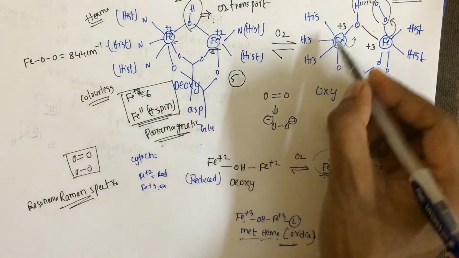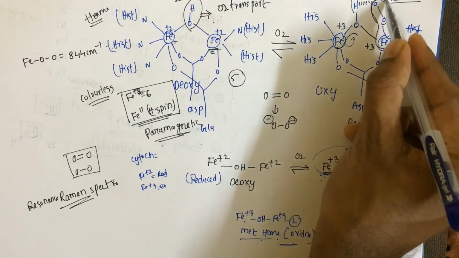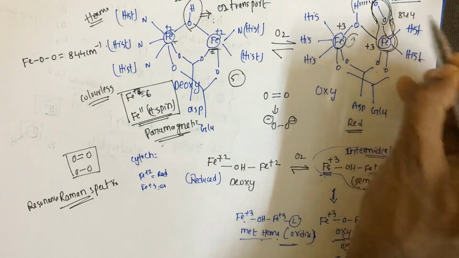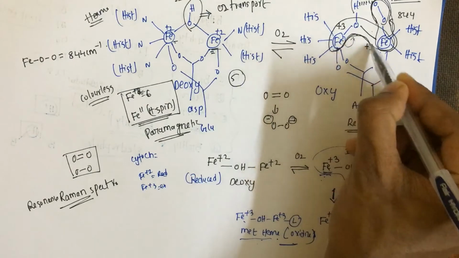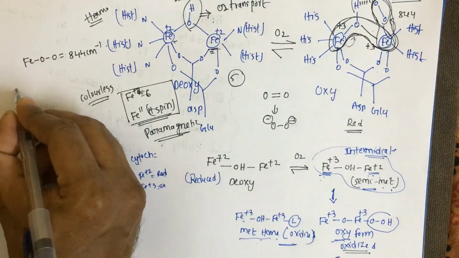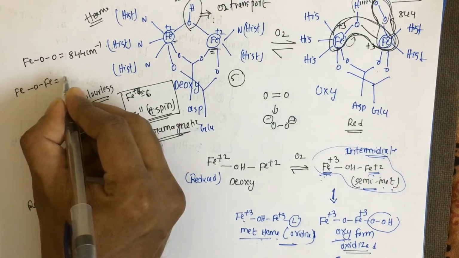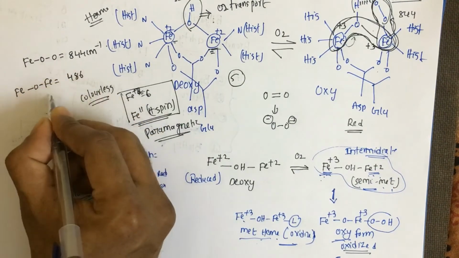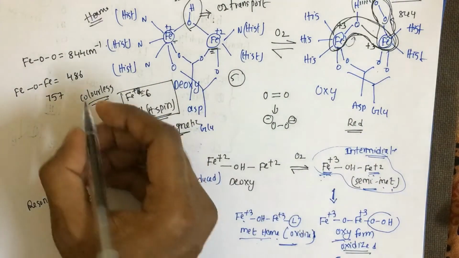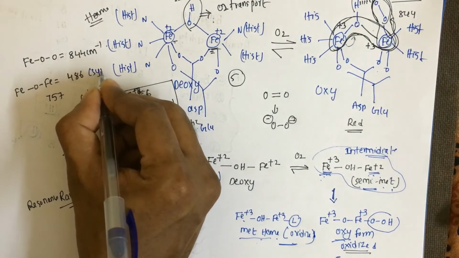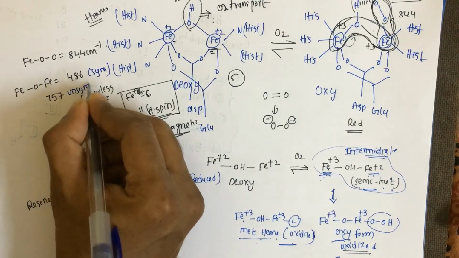Okay, this stretching frequency comes around 844 centimeter inverse. And one more stretching frequency, that is iron-oxygen, this one. It shows two stretching frequencies. One is at 486, another one is at 757. The 486 one is the symmetric stretching frequency, and 757 is the unsymmetric stretching frequency.